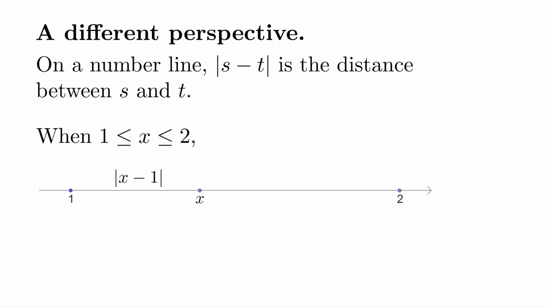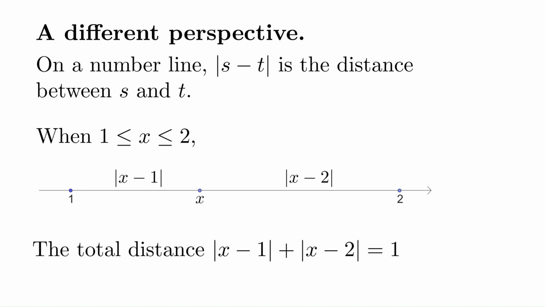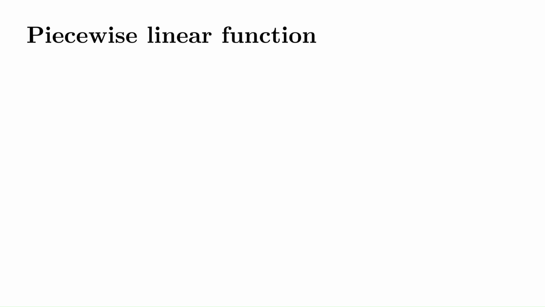Then, the absolute value of x minus 1 is the distance between 1 and x, and the absolute value of x minus 2 is the distance between x and 2. The total distance is the sum of the two absolute values, which is the distance between 1 and 2, which is 1.